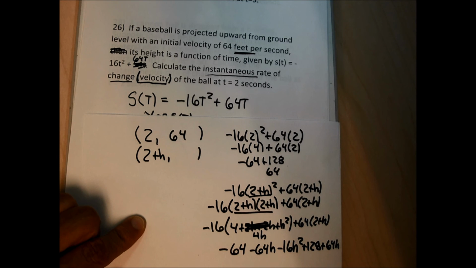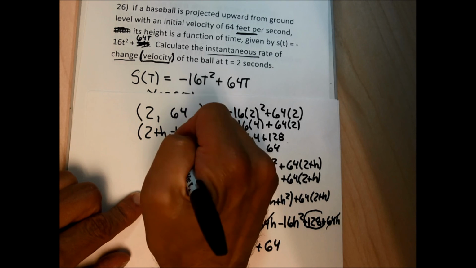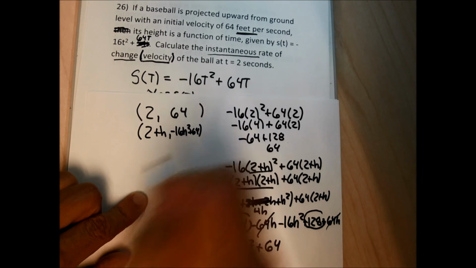All right. Well, nice things happen. The 64h's cancel. Negative 16h squared is going to hang out first, and a minus 64 and a plus 128 gives me a plus 64. So the y coordinate here is negative 16h squared plus 64.